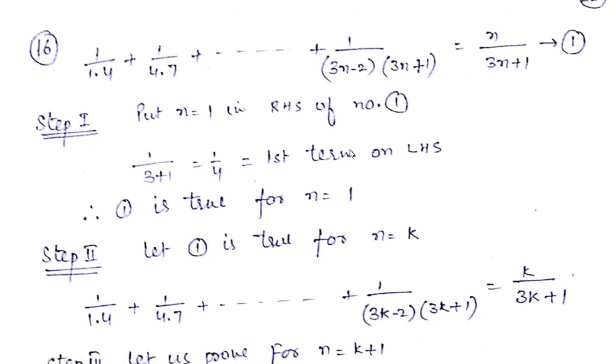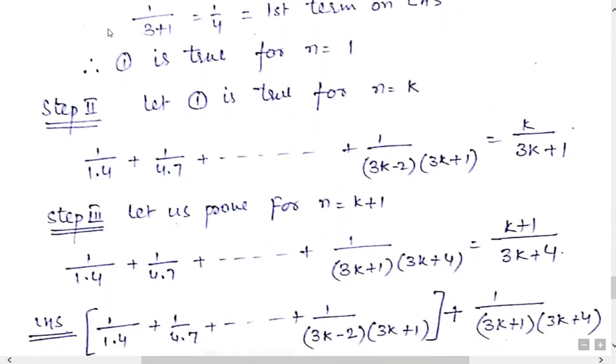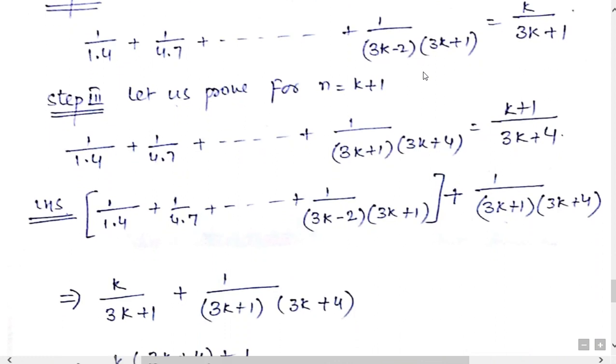Question number 16. Again the same pattern is there. In first step, insert n is equal to 1. You can clearly prove the first value. Then insert n is equal to k and try for k plus 1. And then write the second last term.